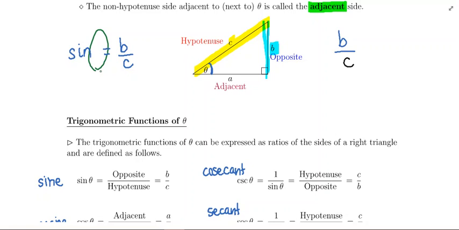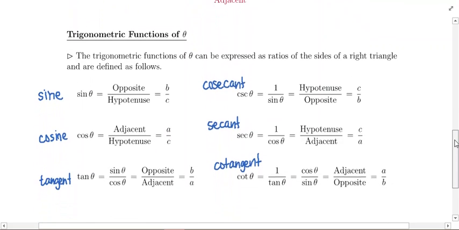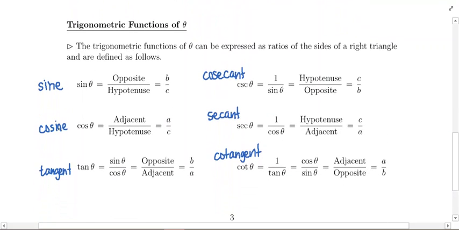Now that we've been introduced to sine, the remaining 5 trig functions are defined in a similar way. It's just one side of the triangle divided by a different side. So if we go down here, cosine of your angle theta is going to be the adjacent over the hypotenuse.